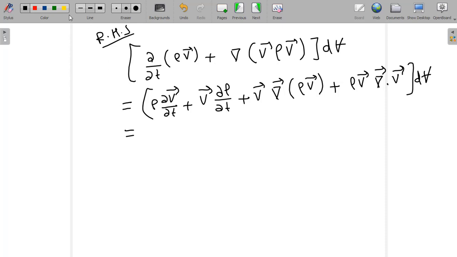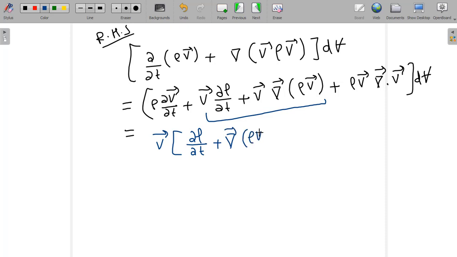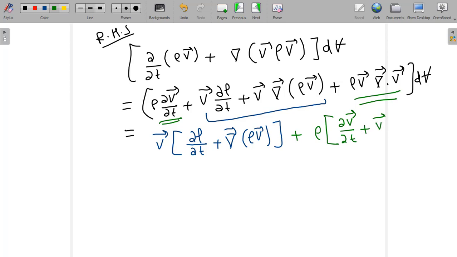Now if you club these two terms, v bar will be common, and what remains is del rho/del t plus divergence of rho v. If you take the other two terms, rho will be common, and it will be del v/del t plus v dot del of v.